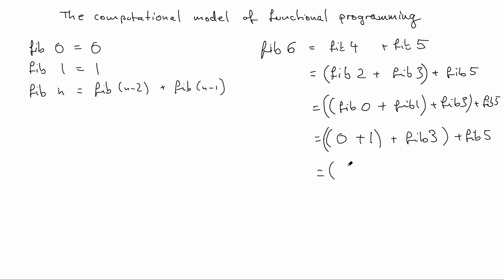I use an equation which I didn't write down. So I'm still using equations, right? Now I'm using the equation 0 plus 1 equals 1. And so on it goes. I think I can leave the rest to you.